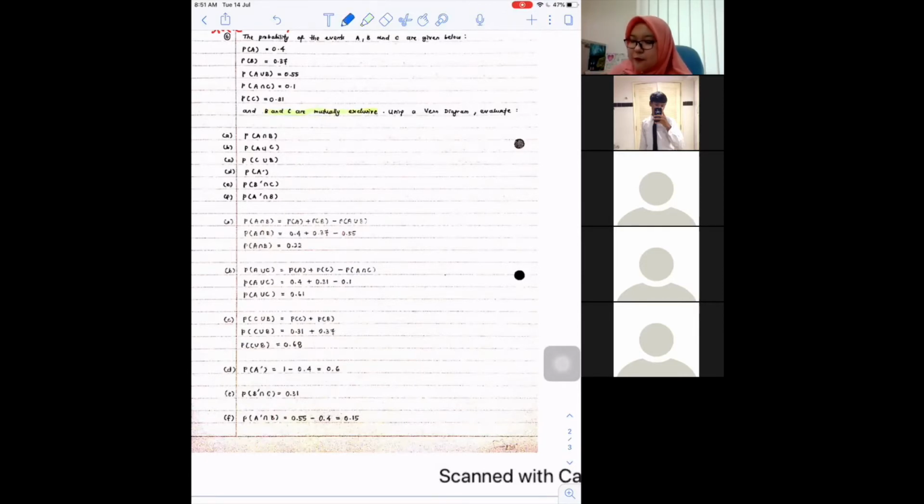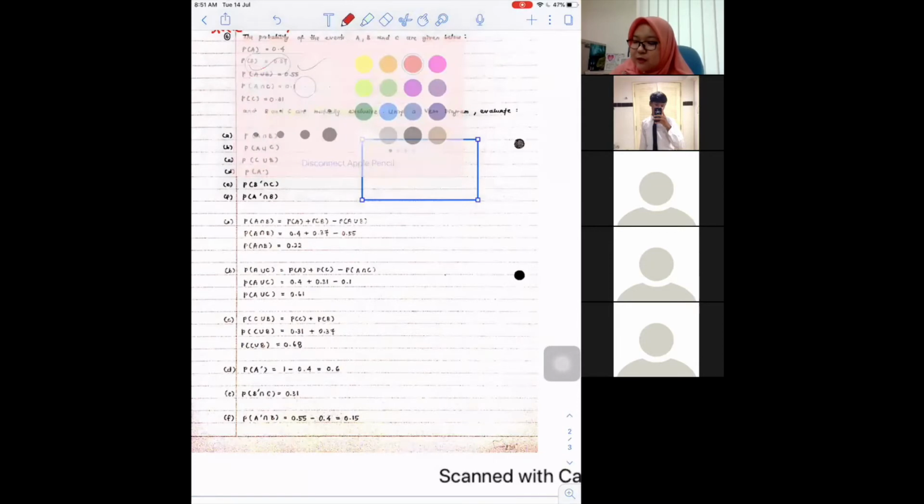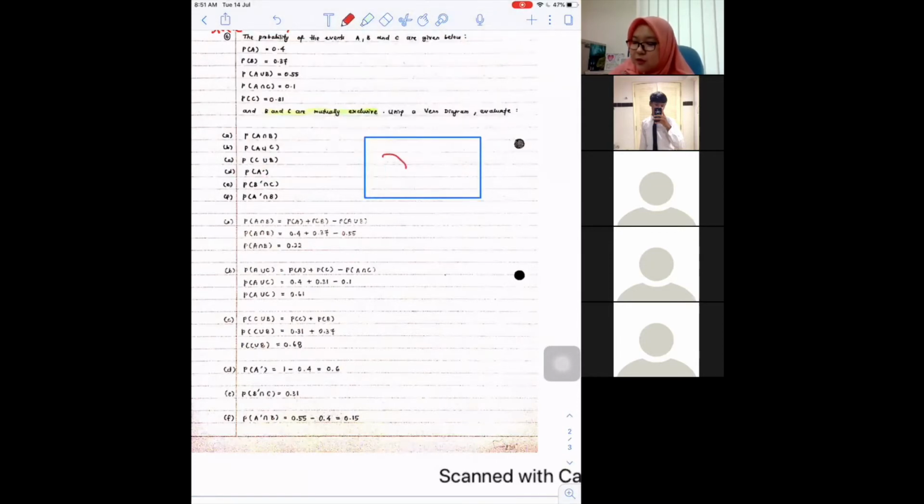If you want to draw the Venn diagram, you need to draw it like this. Because B and C are mutually exclusive, B and C will not have an intersection, but A and B, and A and C, you have an intersection.